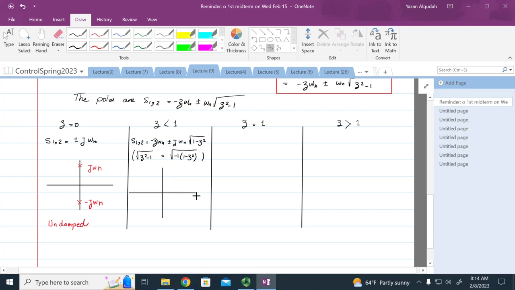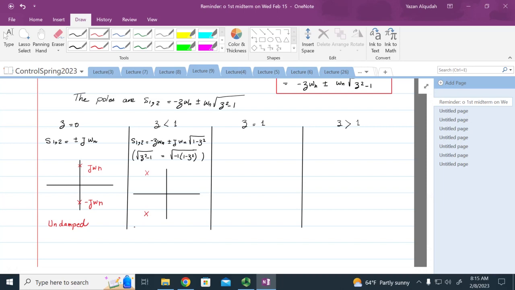So if I look at this case, where are my roots going to be, my poles? Negative zeta omega n plus j omega n square root of 1 minus zeta squared. Zeta is less than 1, so this term is going to be positive. Where are the roots going to be? They're going to be complex. Are they going to be right hand, left hand? Left hand. So we're going to have two roots that are complex conjugates of each other.